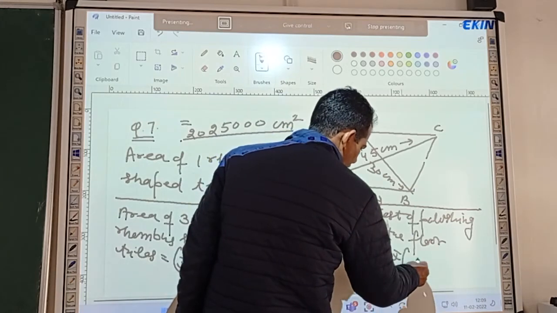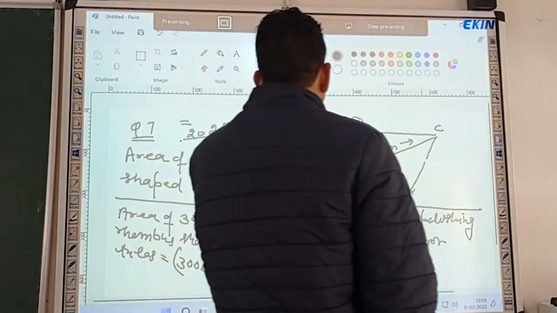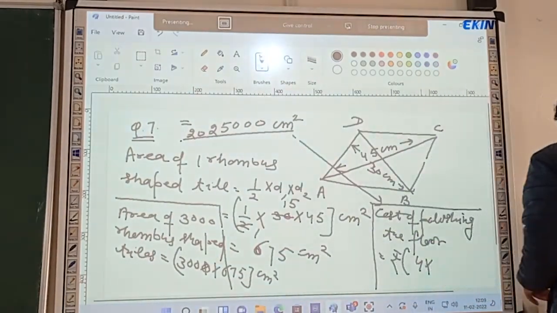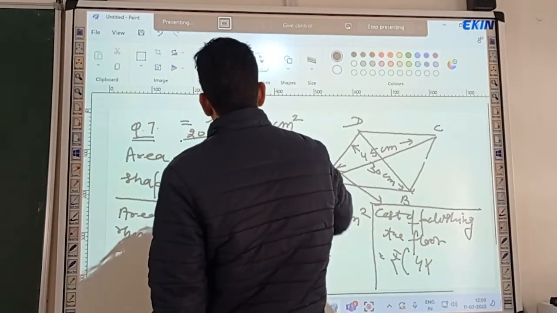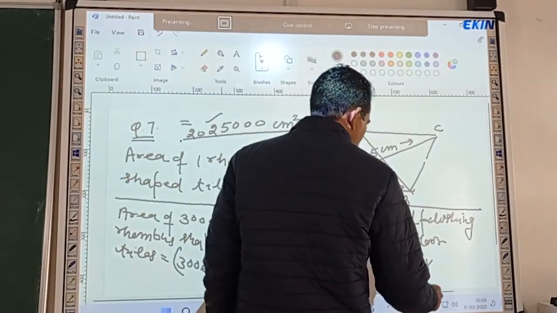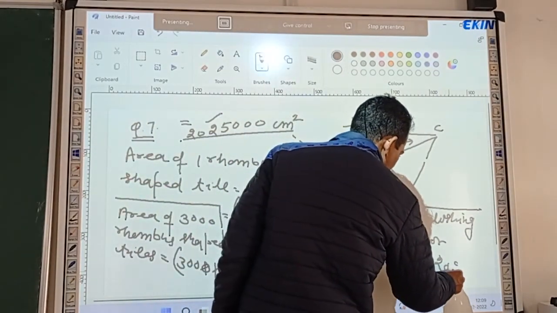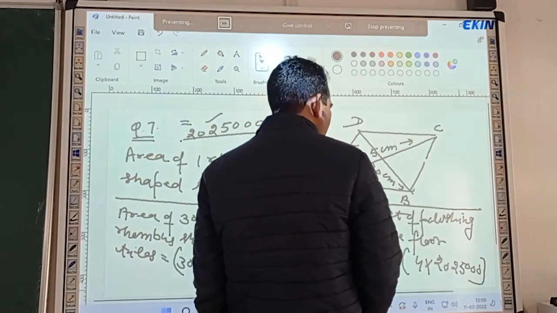Cost of polishing the floor: rupees 4 into 2025. Do it fast.